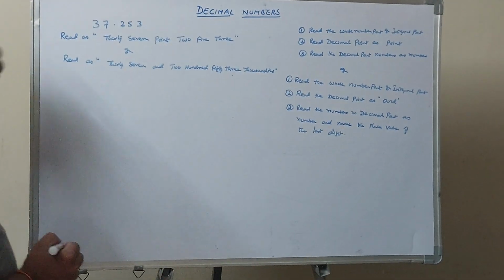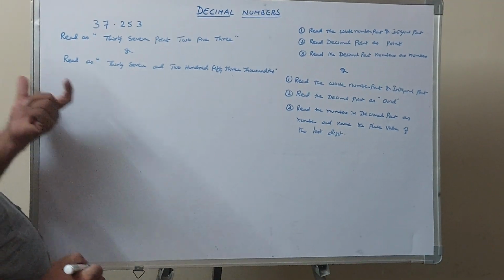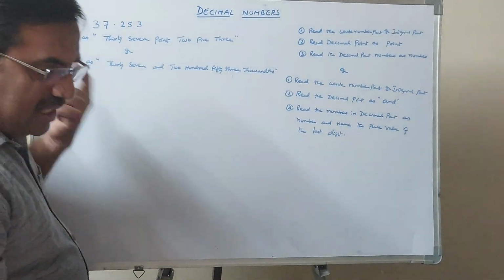This is another way of reading. Clear? This is the way of reading the decimals.